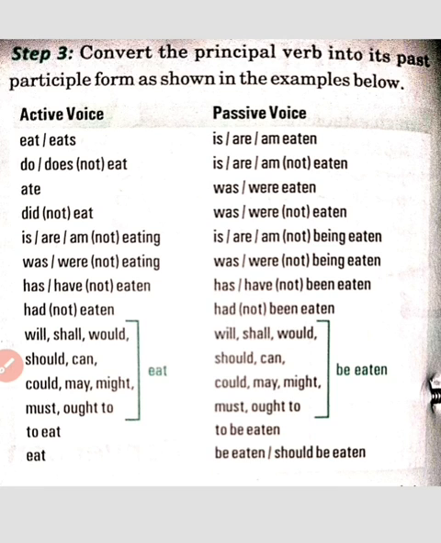Was, were not eating: was, were not being eaten. Has, have not eaten: has, have not been eaten. Had not eaten: had not been eaten. So like this we will change the principal verb into past participle.